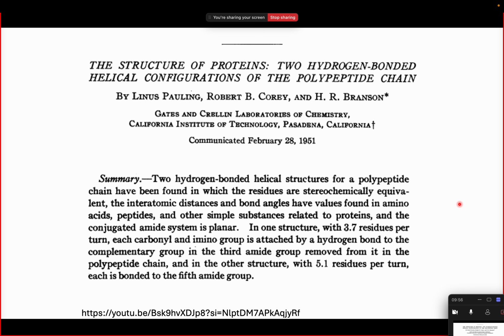In one structure, with 3.7 residues per turn, each carbonyl and imino group is attached by a hydrogen bond to the complementary group in the third amide group removed from it in the polypeptide chain. And in the other structure, with 5.1 residues per turn, each is bonded to the fifth amide group.